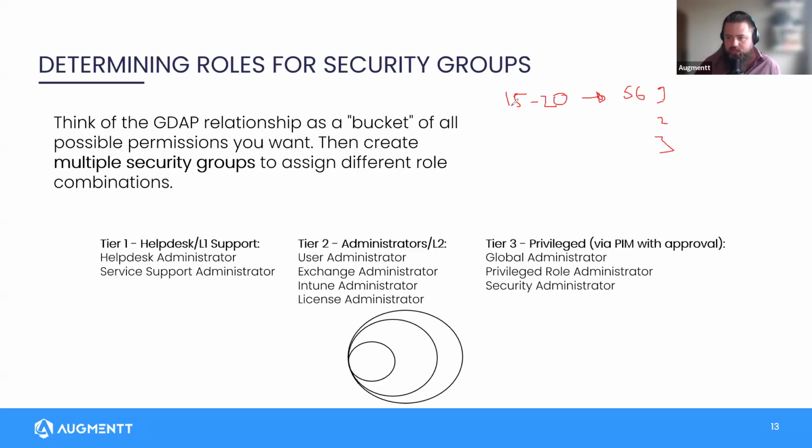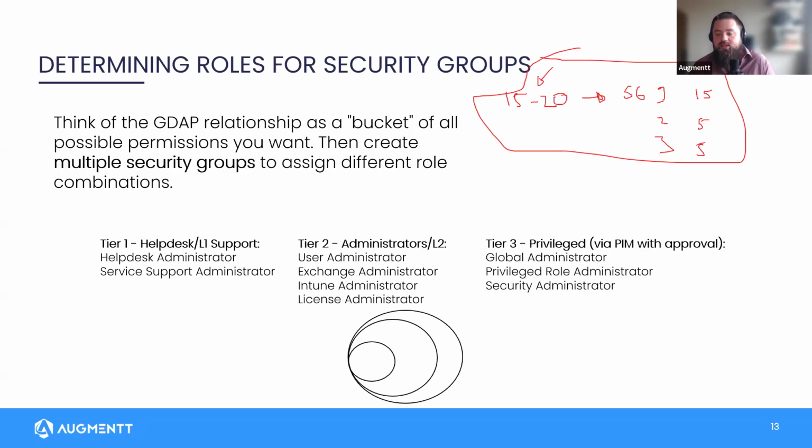If you were to actually do the work of 15 roles on the relationship, or 20 roles, and then security groups 1, 2, and 3 each get 5, 5, and 5, or whatever the numbers work out to, I think that puts you ahead of a lot and resolves a lot of potential problems. And this doesn't require special licensing. PIM is a P2 feature or a P1 add-on, and I'm going to get to that in a few slides. So if you're just doing this without PIM, I think that's a really strong foundation to be on.